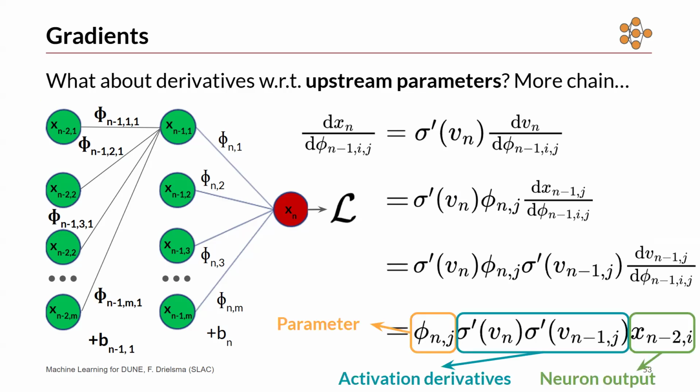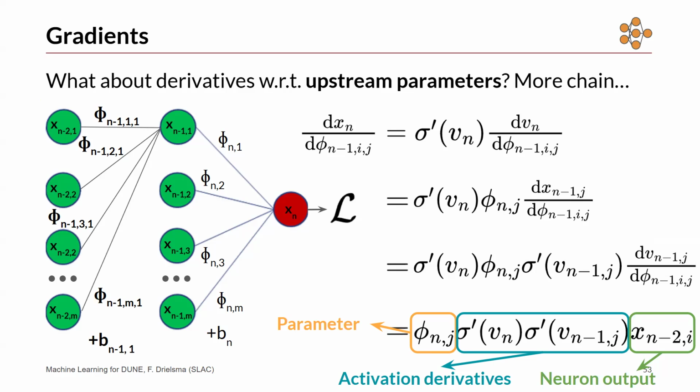And so if you go all the way down, you will see again that the only thing that you care about to be able to compute this differential with respect to the parameter of the neural network is the value of the parameters downstream, the differential of the activation function with respect to the output, and also the output of the neuron itself. And so you've transformed your differential problem into just a tracking problem, right?